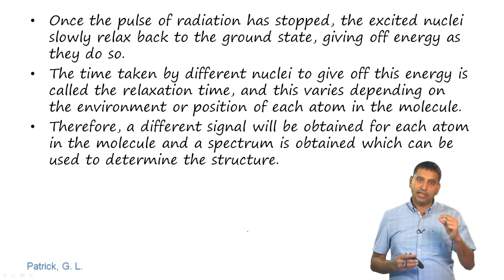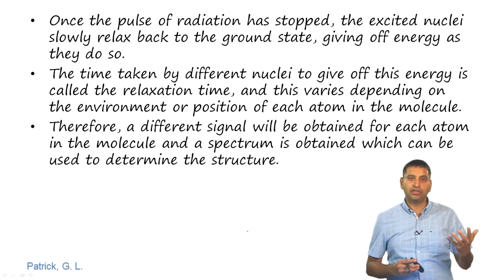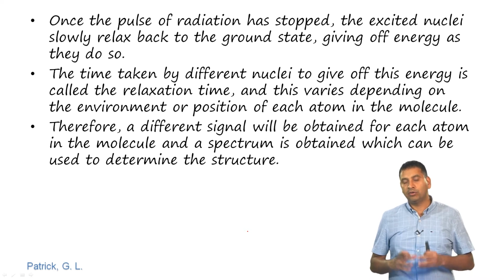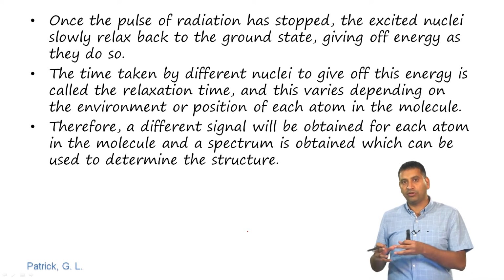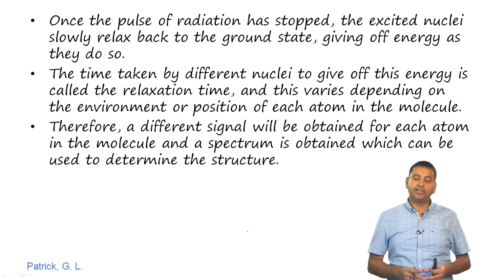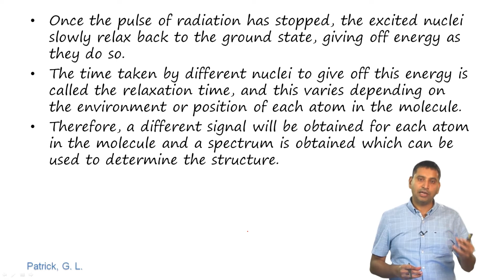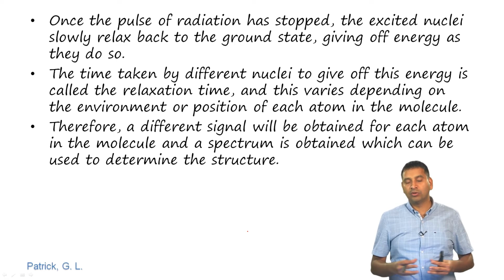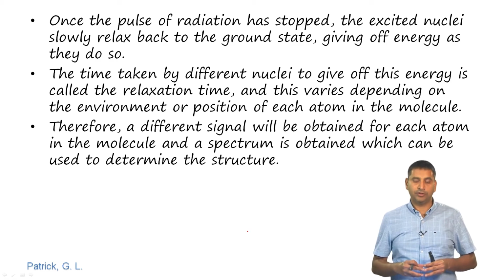The time taken by different nuclei to give off this energy is called the relaxation time. Okay. And the relaxation time varies depending on the environment or the position of each atom in the molecule. So, therefore, there is a different signal for every atom in the molecule, because you would assume that the environment around this atom is fairly different.